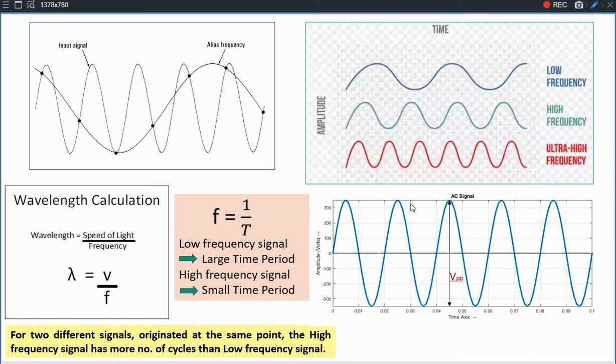All the positive peaks of all cycles should lie on the same horizontal line, and in the same way all the negative peaks of all cycles should lie on the same horizontal line, and the positive peaks line, negative peaks line, and x-axis line must be parallel.